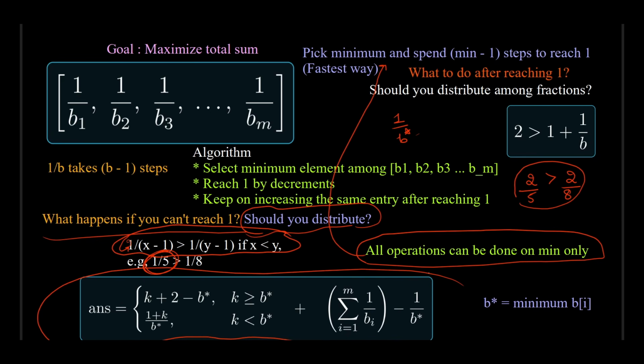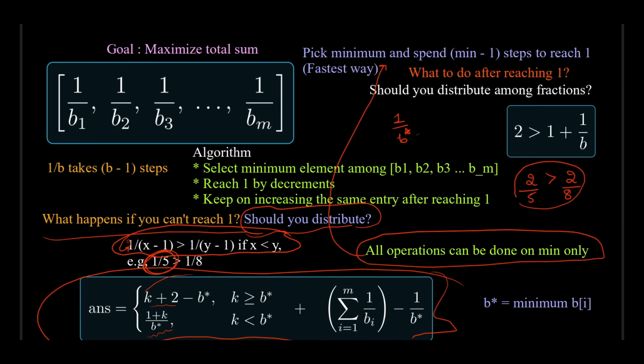So let's take a moment to talk about all the terms that are appearing here, because in the remaining section of the video we will not be discussing any more concepts. It will only be about optimizing the implementation of this formula. So we have already seen that for a single fraction, the answer is always k plus 2/b if k is greater than b, and if k is less than b, the answer is 1 plus k/b.